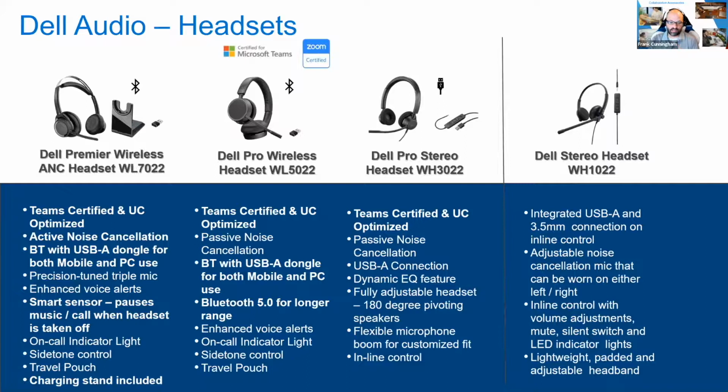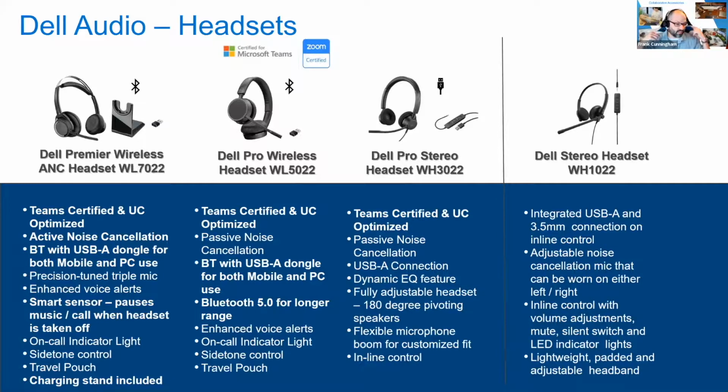Moving from the top of the stack, and you'll see these first three are Teams and Zoom certified. Our WL7022 wireless headset comes with the charging stand included, as well as includes active noise cancellation. So it's a very powerful active noise cancellation. Again, with all of the sound that can be in your environment, it does cancel that out except for your voice. It has a smart sensor that it will pause or mute when you take the headset off.